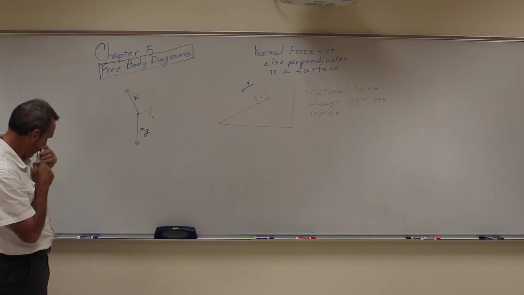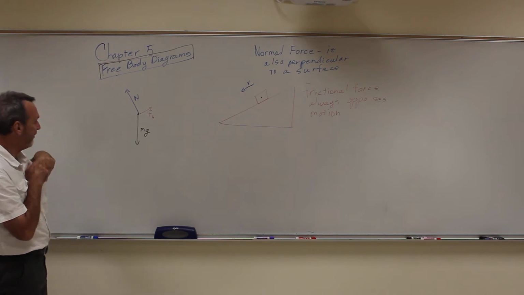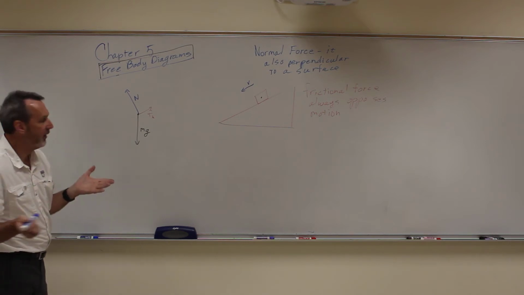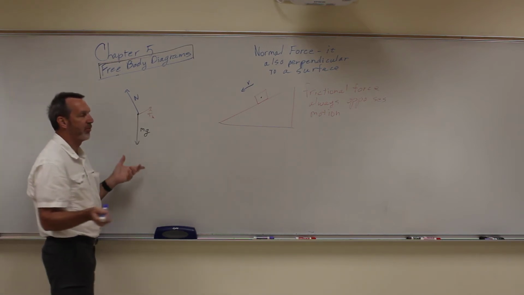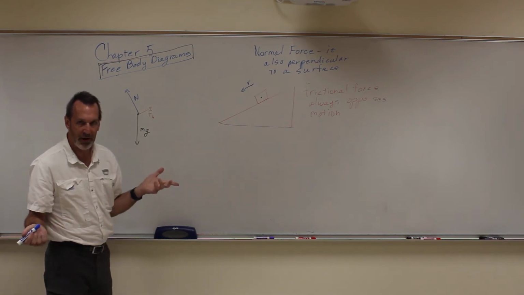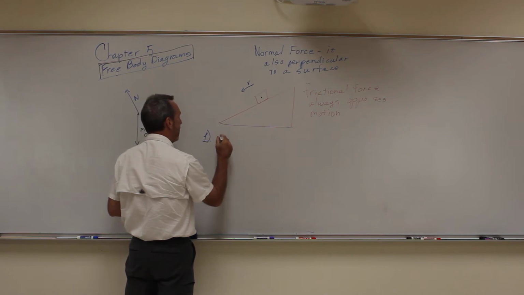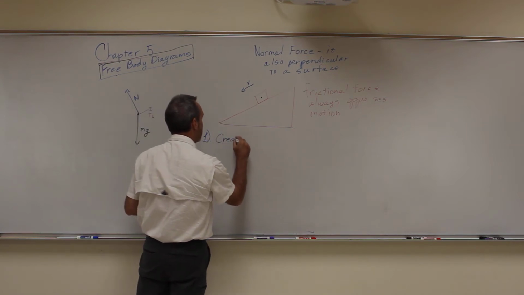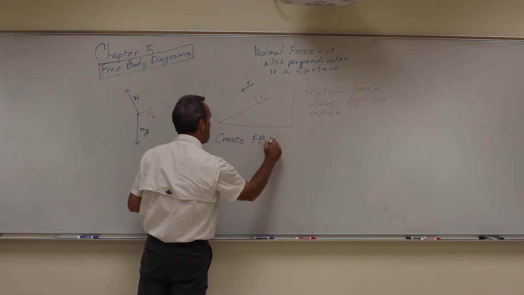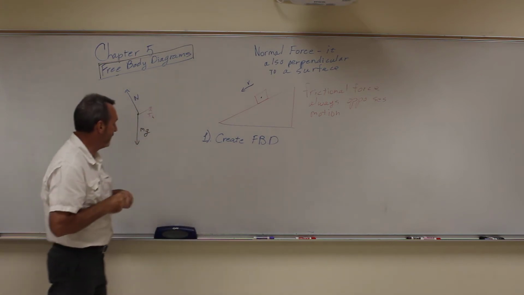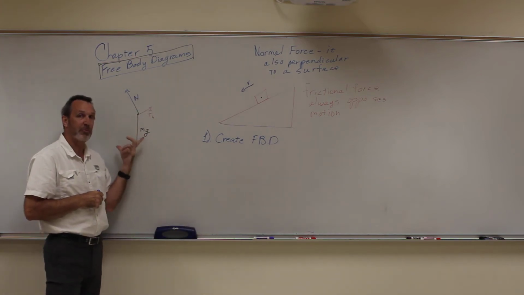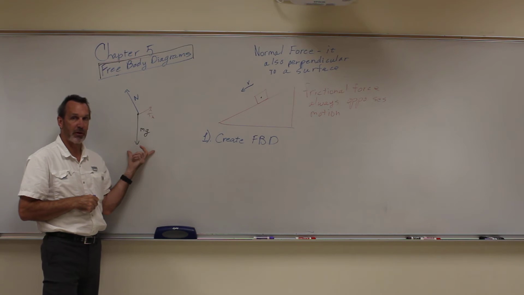Okay. Now, how we're going to solve these is what you have to do is there's always 3 steps to solving free body diagrams. The first one is you create the free body diagram. Step 1. Create a free body diagram. The key to creating a free body diagram is make sure you don't miss any forces and all your forces are going the right direction.